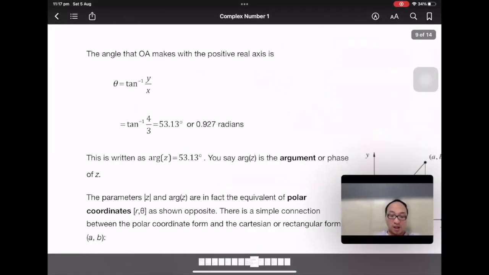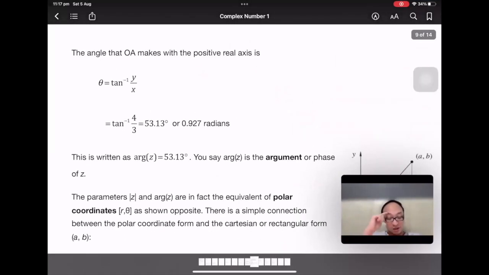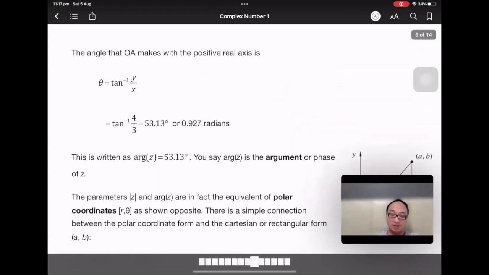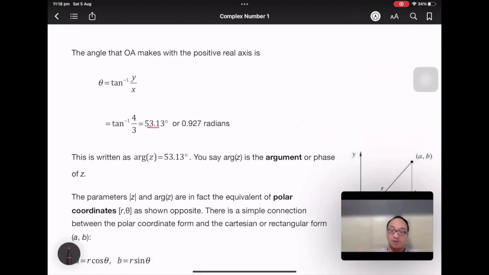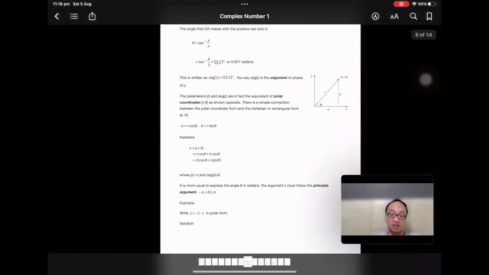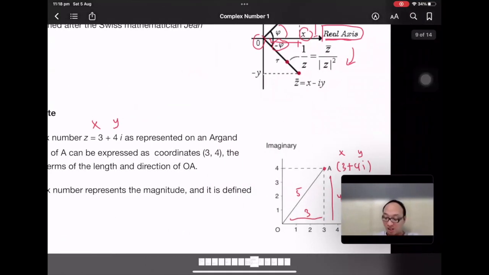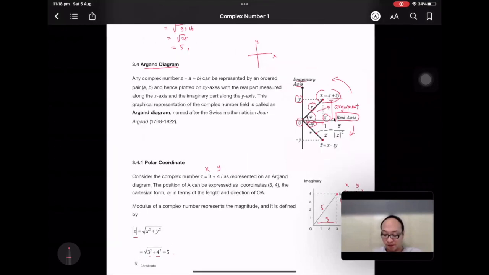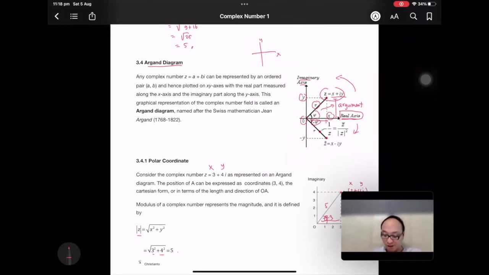And the angle that OA makes with the positive real axis is the inverse tangent of y over x. So it's 53.13 degrees or 0.927 radians. So the angle here is found by using the tangent inverse.